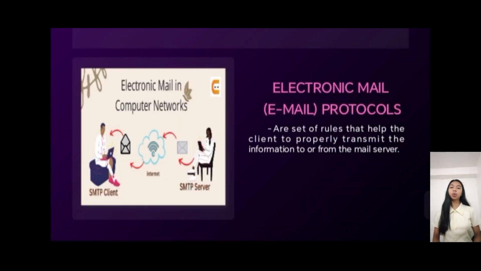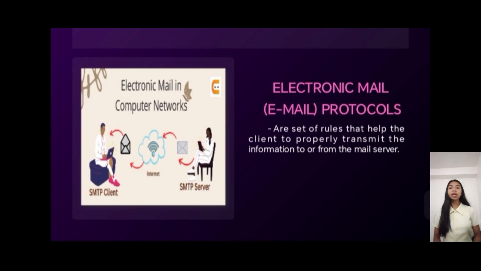Electronic mail (email) protocols are a set of rules that help the client to properly transmit information to or from the mail server. When we say electronic mail protocols, it is a set of rules that dictate how data is exchanged between two systems.